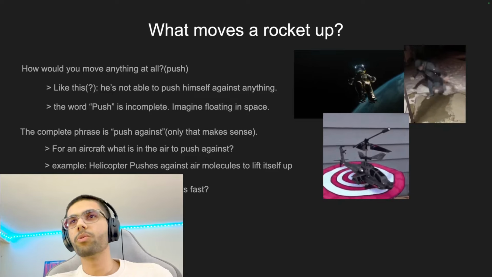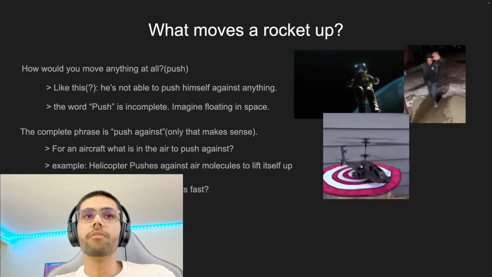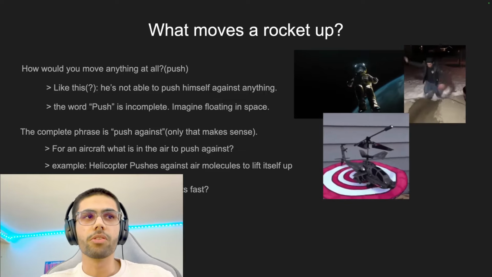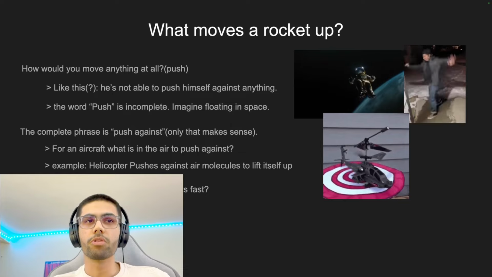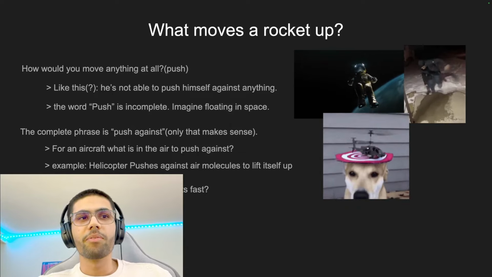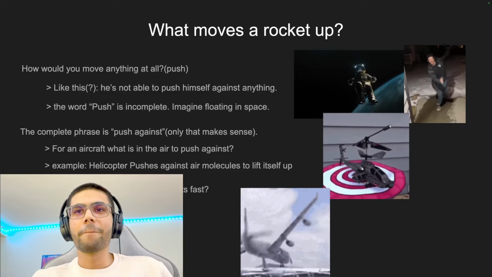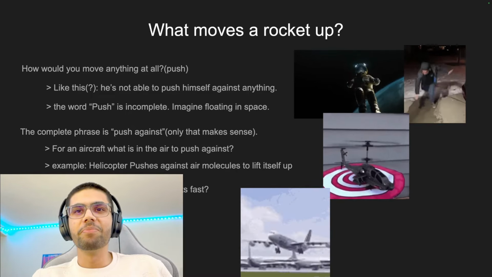To increase the speed, we need to push things faster and push more things. So faster and more stuff. And what will that look like? Like a Boeing 737? Not really.